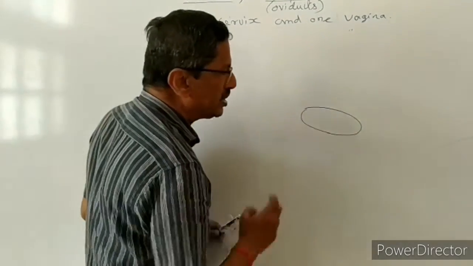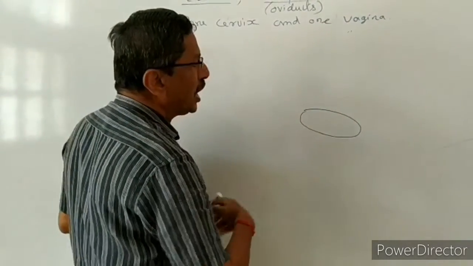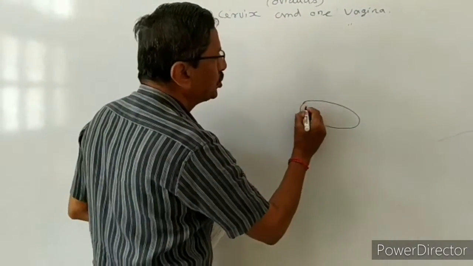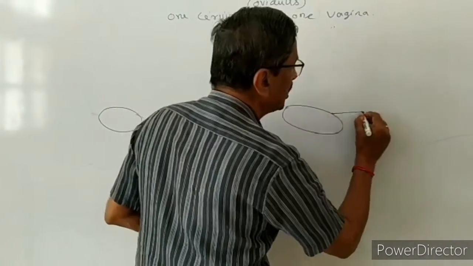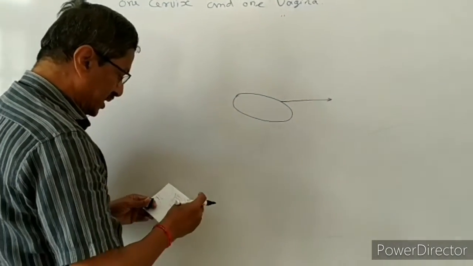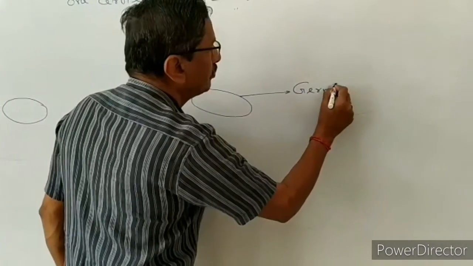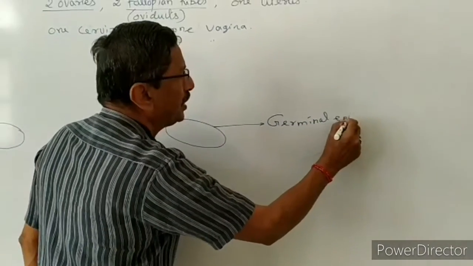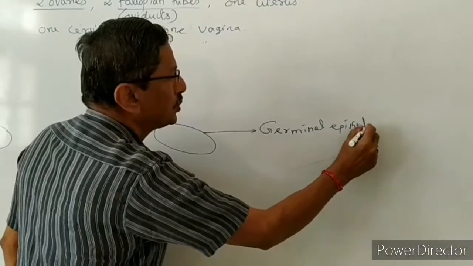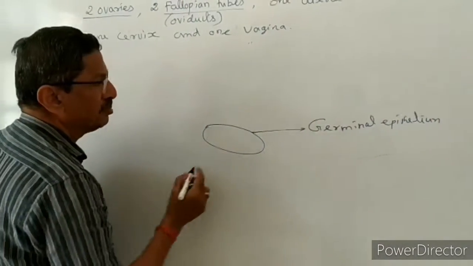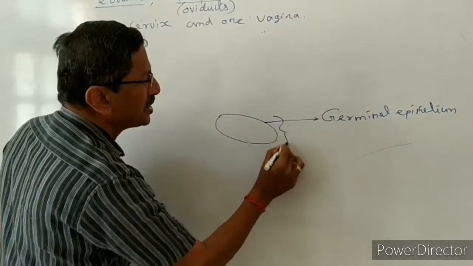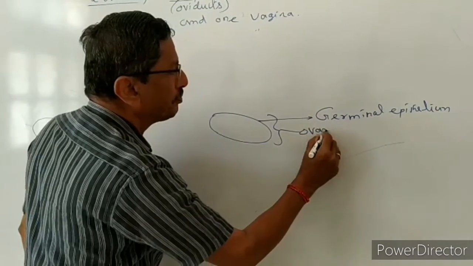At the outer region, a smooth outer covering is present, called the germinal epithelium. So the entire structure is called the ovary.